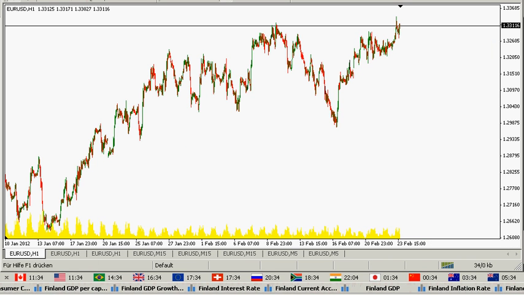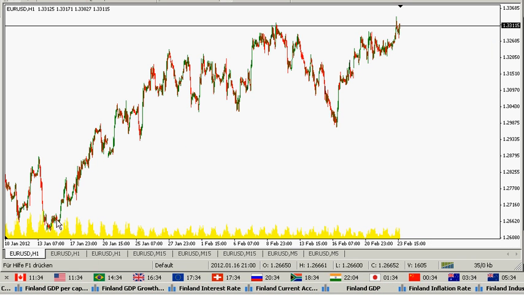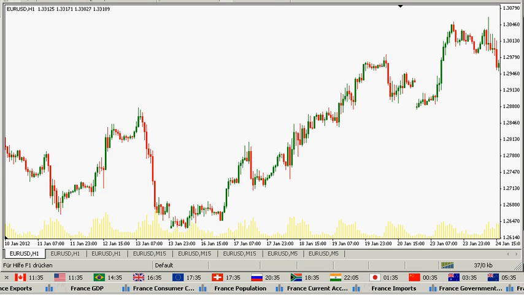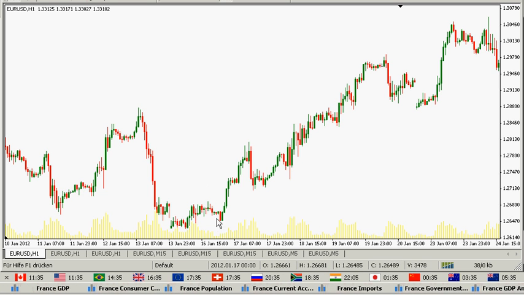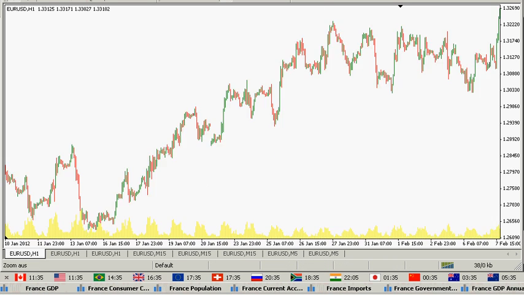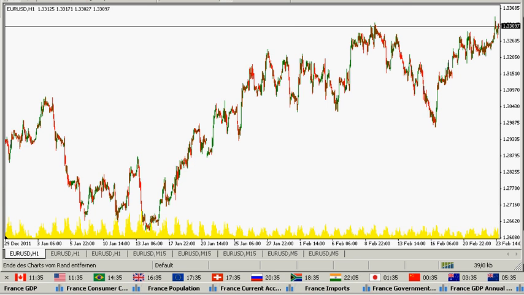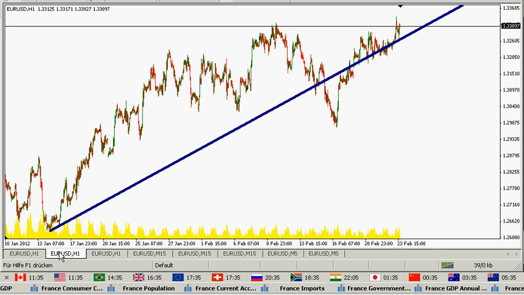And interesting for me here is the two lows in January, in the second or third week. Let's zoom perhaps here. If we see the lows on Thursday and create an upside trend, we see we are trading around it.